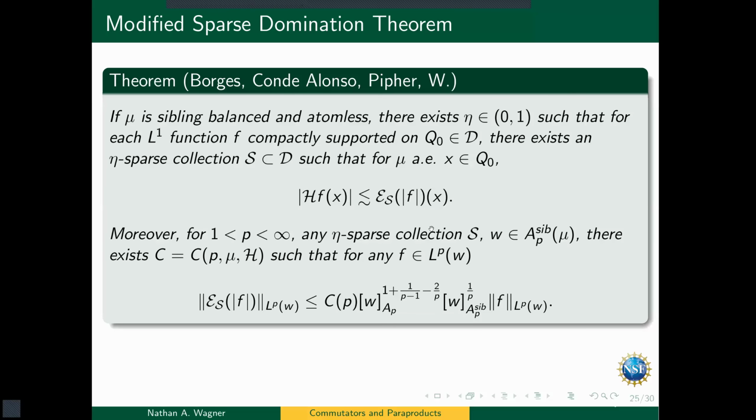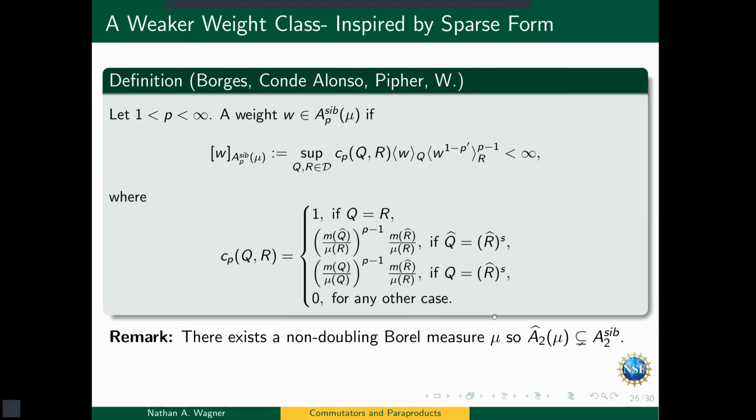And there's also this natural weight class that comes out of the configuration of the sparse form. This is the A_p sibling class, and it is exactly the class of weights for which the sparse form will enjoy weighted L^p estimates. The sibling class is defined in this way.